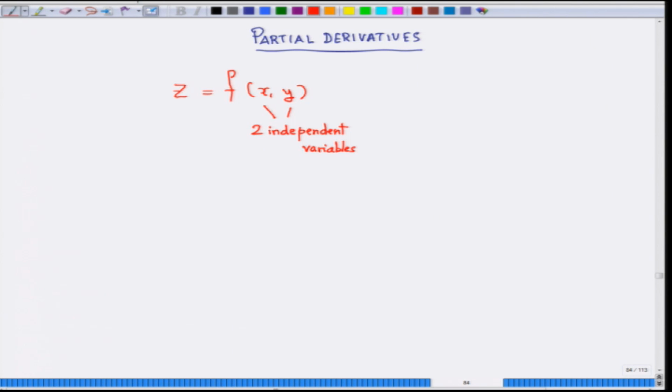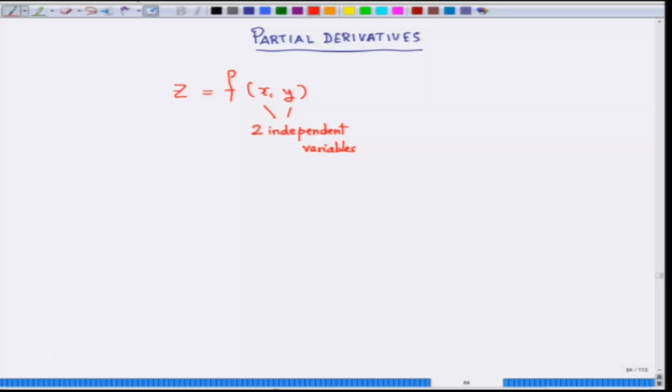Now when we had a function of one real variable, we had spoken about the derivative with respect to that variable. So, how can I speak of a derivative with respect to these two variables? This is something which is not so easily understood.